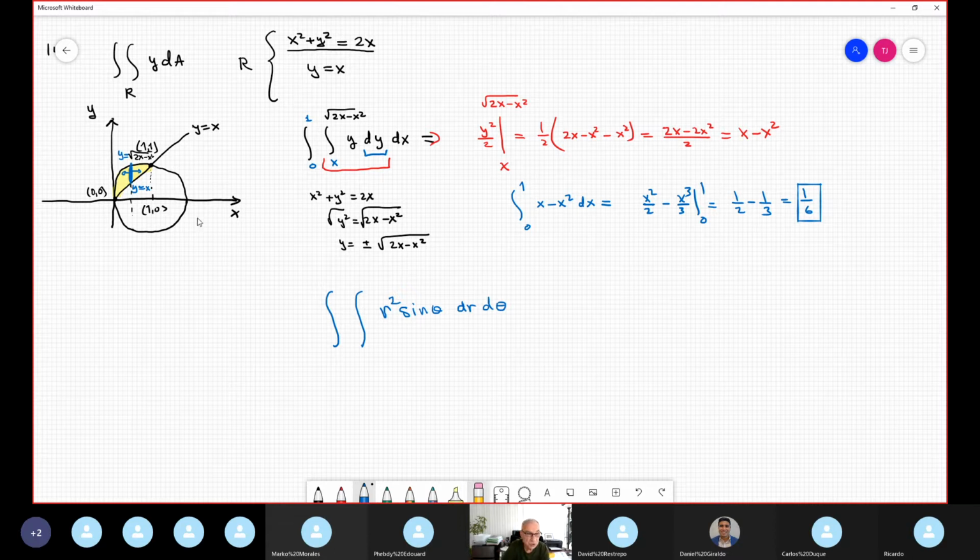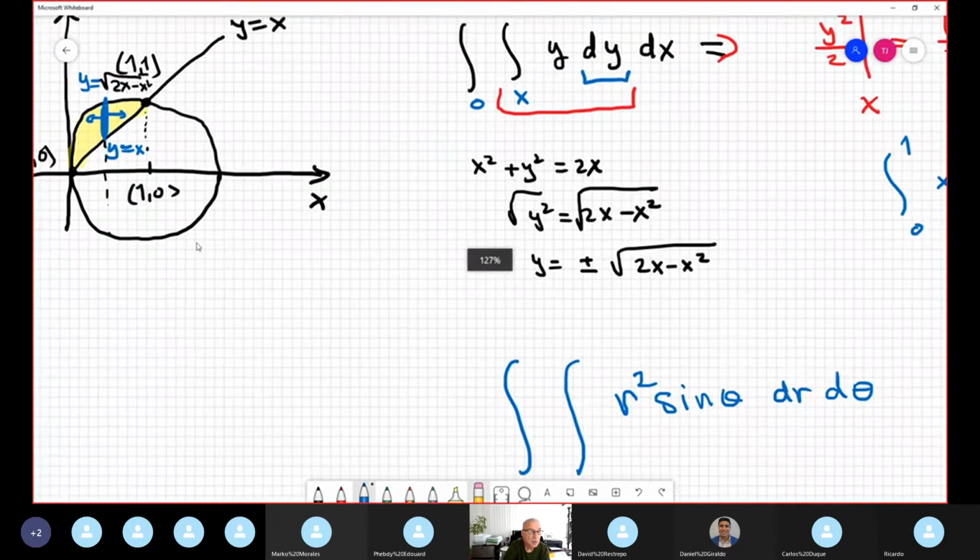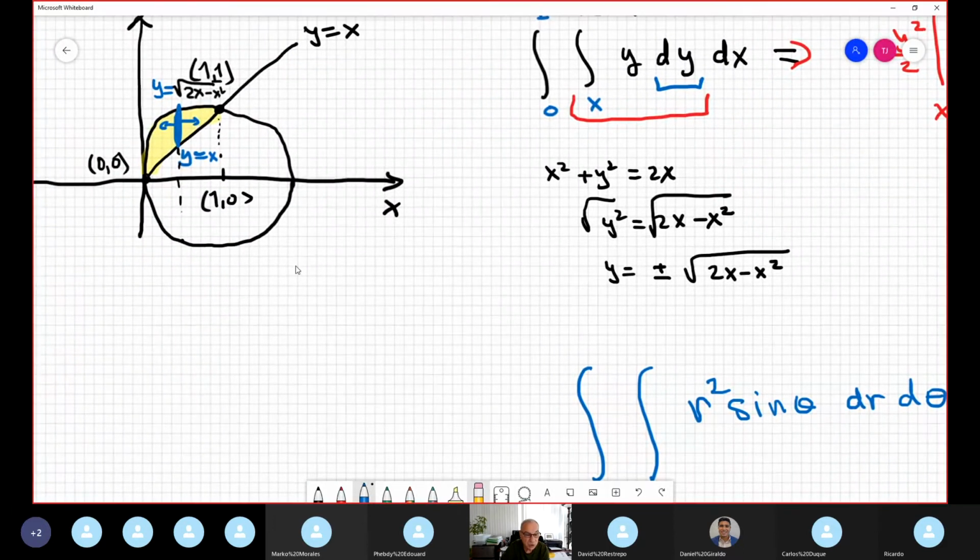I go again to the region. I try to understand. But now the integration is in this direction, so r is moving in this direction, from 0 to the r of this circle. The equation of this circle, remember, in polar was, x squared plus y squared equal to x.